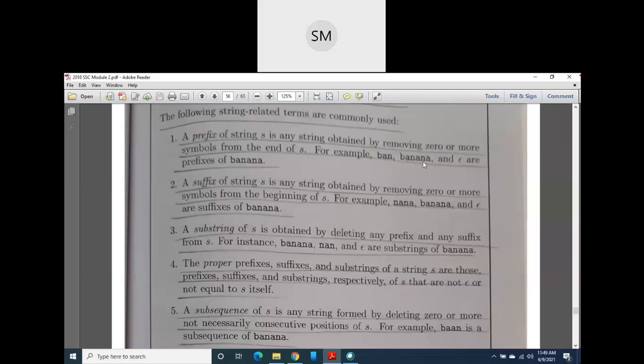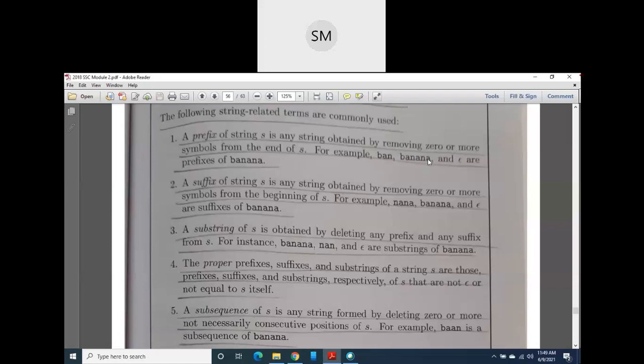And here banana is a complete string. Sir, we have not deleted or removed anything here. Of course, we have not removed anything. So this is removal of zero or more symbols, and you are removing from the end of this string.